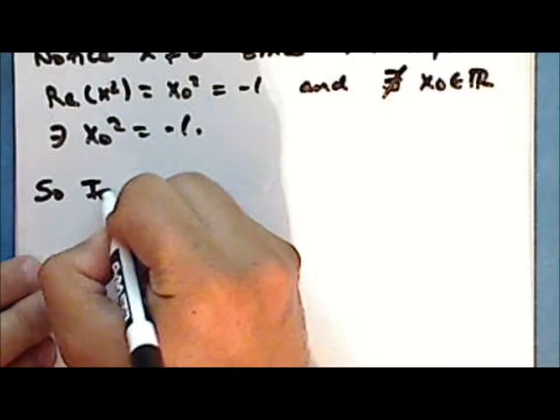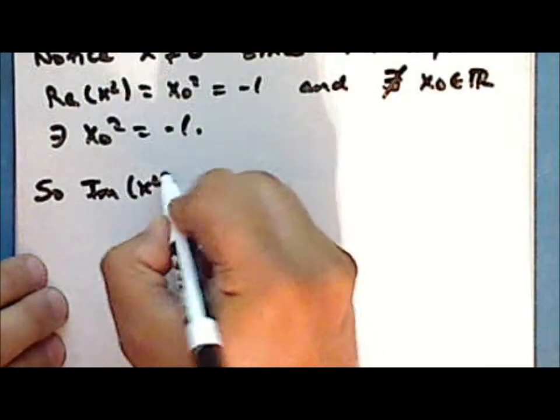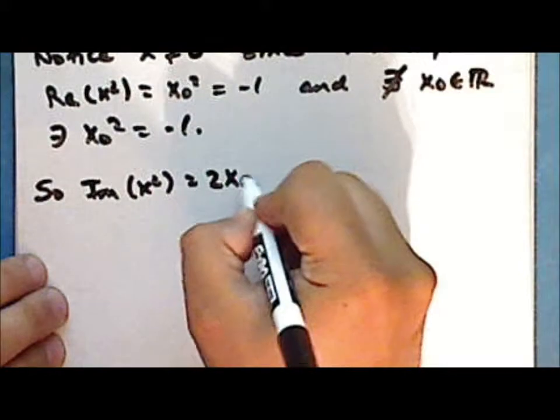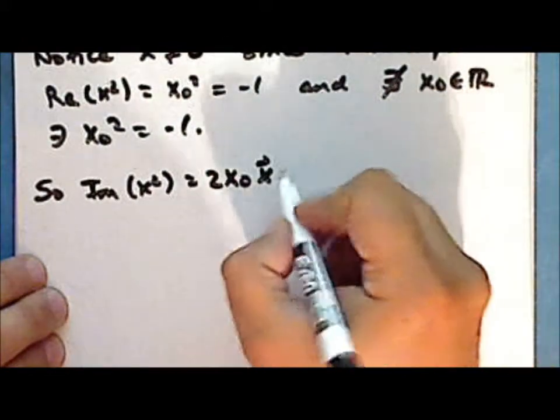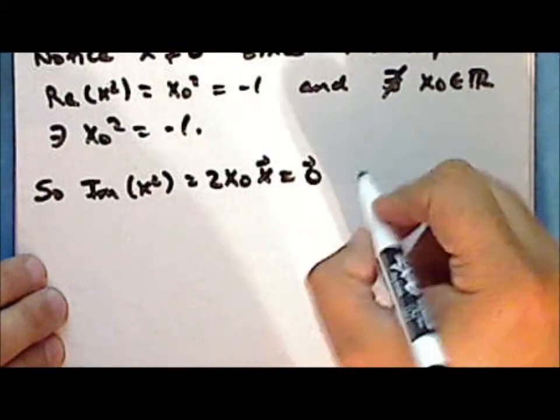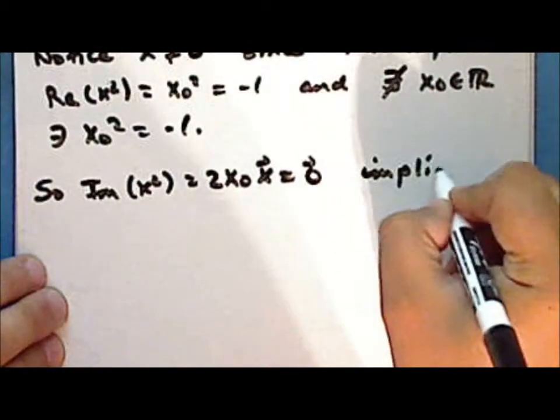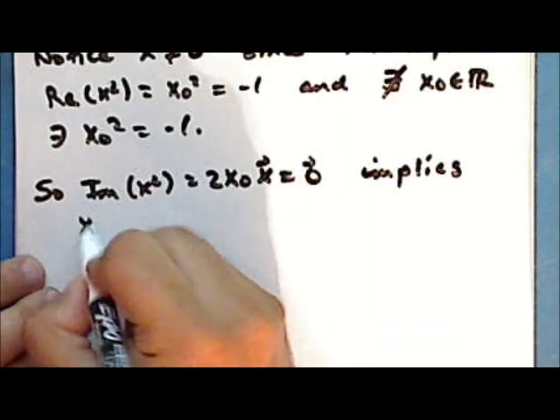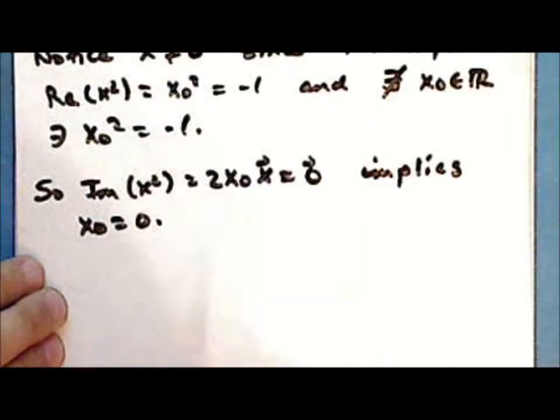And so the imaginary part of x squared, which again is 2 times x sub naught times the three-dimensional vector x, is equal to 0. This implies that the scalar x sub naught is 0.